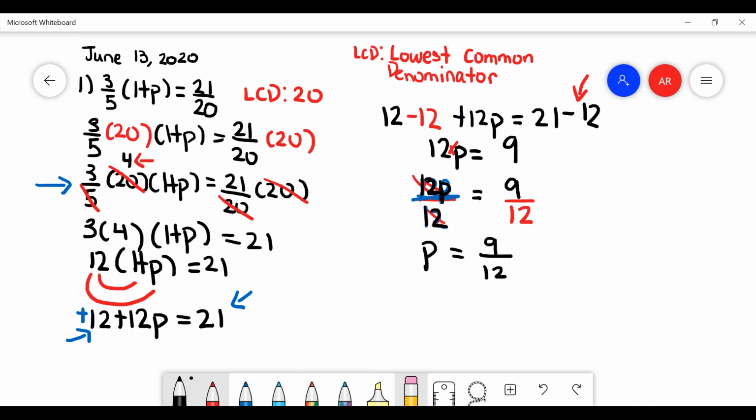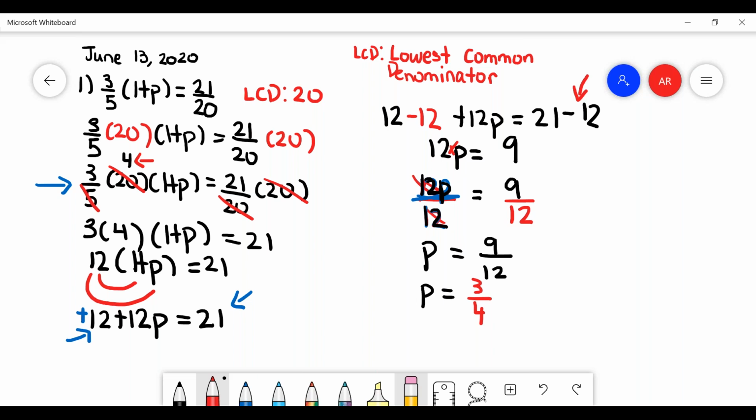So dividing both numerator and denominator by 3, we have 3 over 4, which is a fully reduced simplified fraction, and therefore this is our final answer. So we have isolated for p, and we figured out that p is equal to 3 over 4.